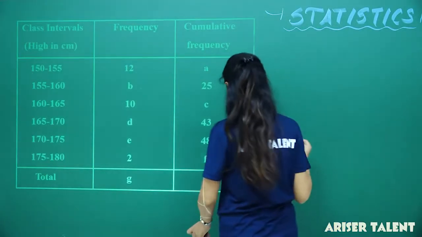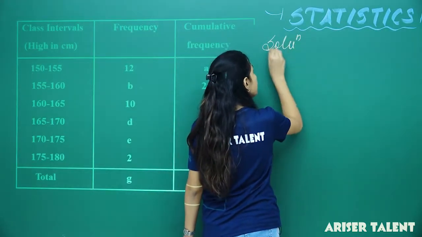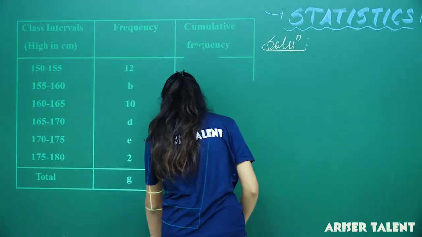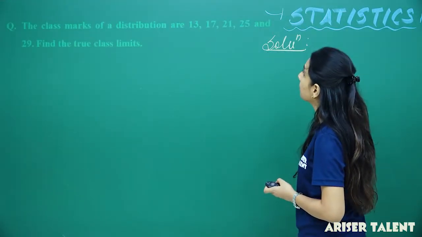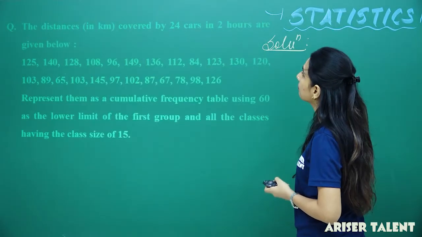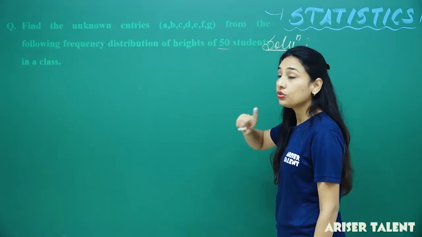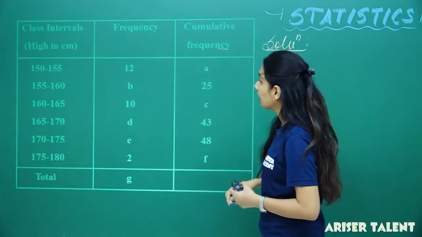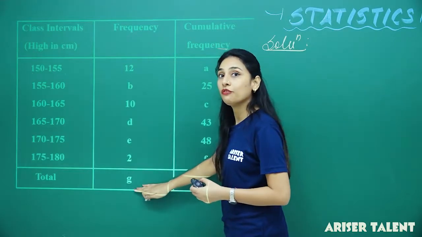Okay, so writing the solution, students. Now we are given 50 students, so the frequency summation will be 50.